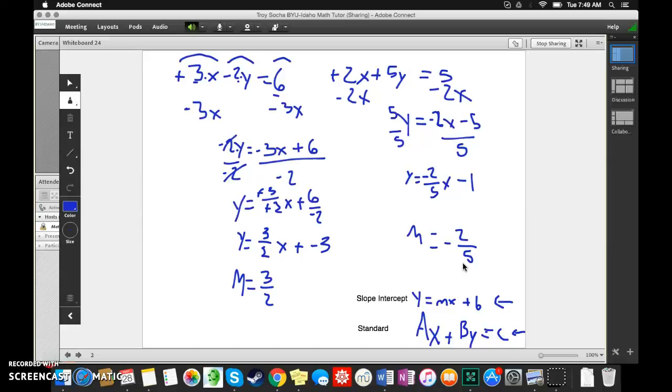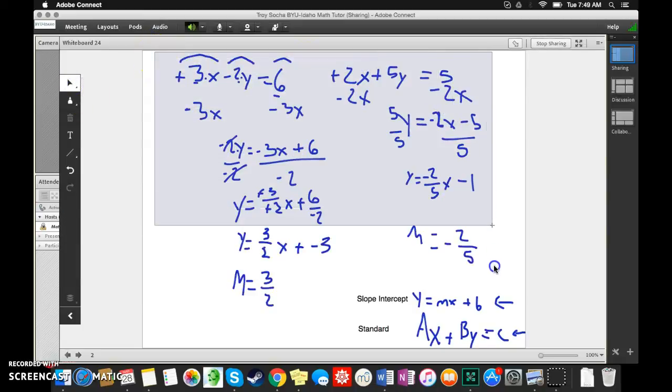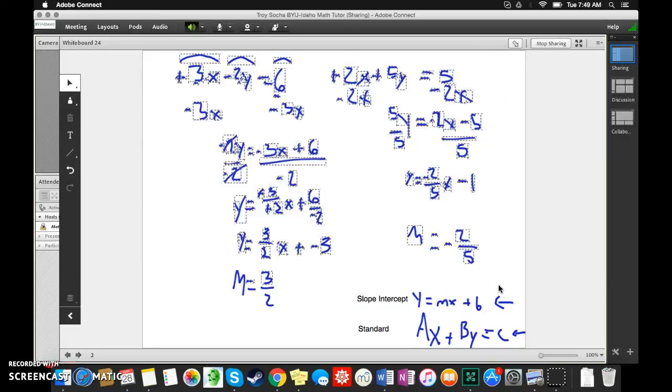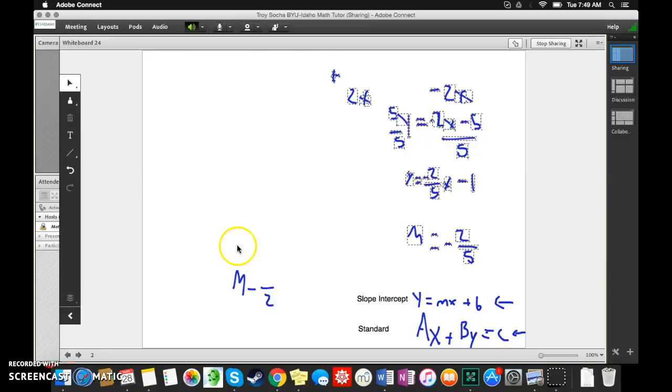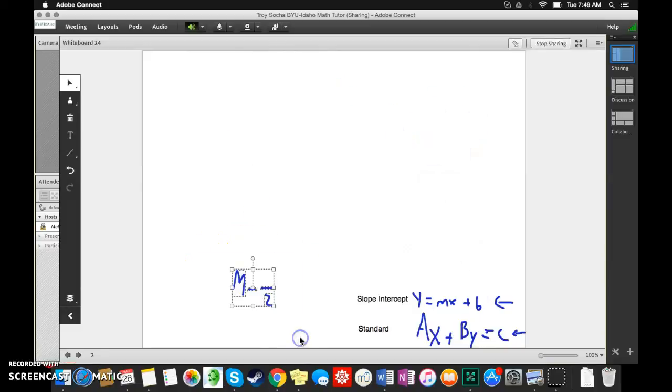Let's go over one more. You can pause the video and go back here if you like. I'm going to go over one more problem that's similar to this, so you can see how it's done again, and that way you have 3 examples to work from.